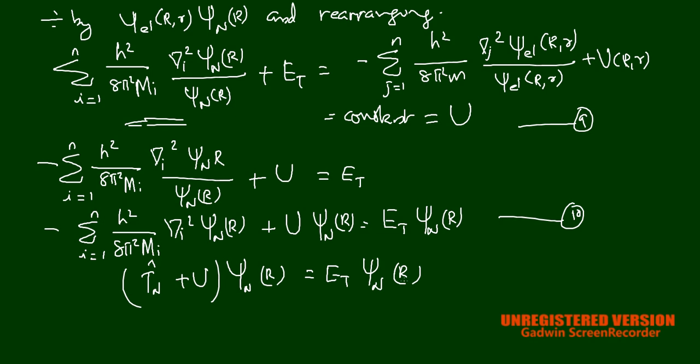So this is a Schrodinger wave equation, and this Schrodinger wave equation is for the nuclear wave function psi n r, right?